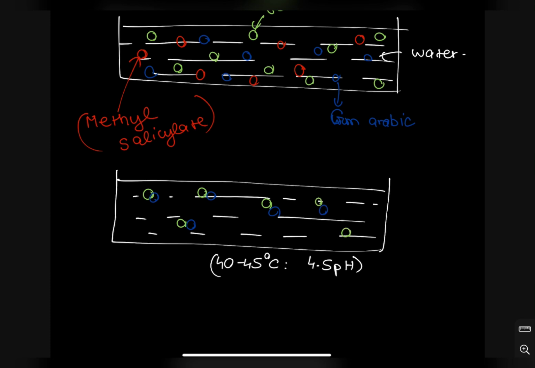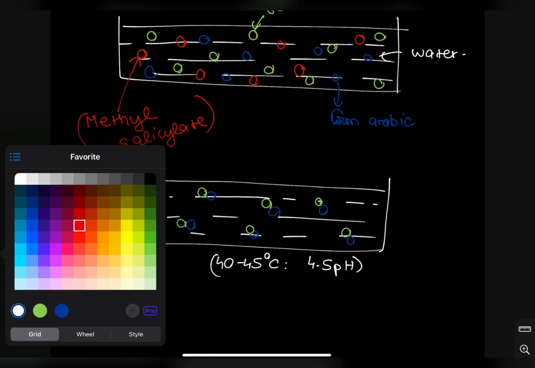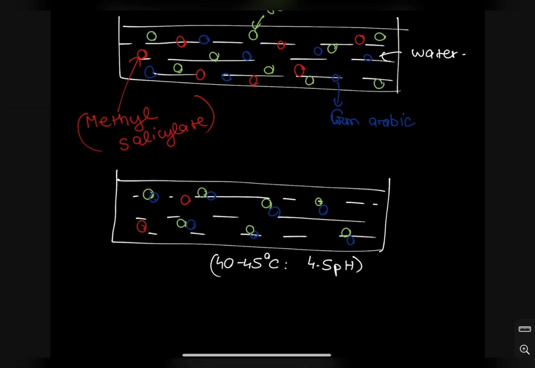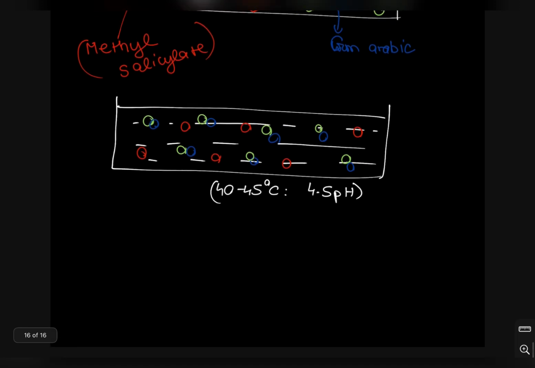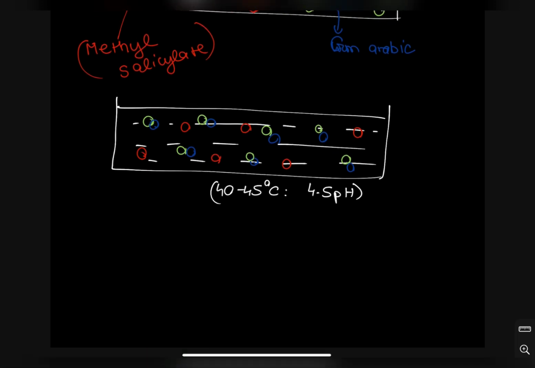So we will have all these complexes formed, and except for that we will obviously have methyl salicylate as the core material, right? So once we have these complexes, the advantage of these complexes is that it will be able to form a coat around the core material more easily as compared to just a normal polymer that you would have added.